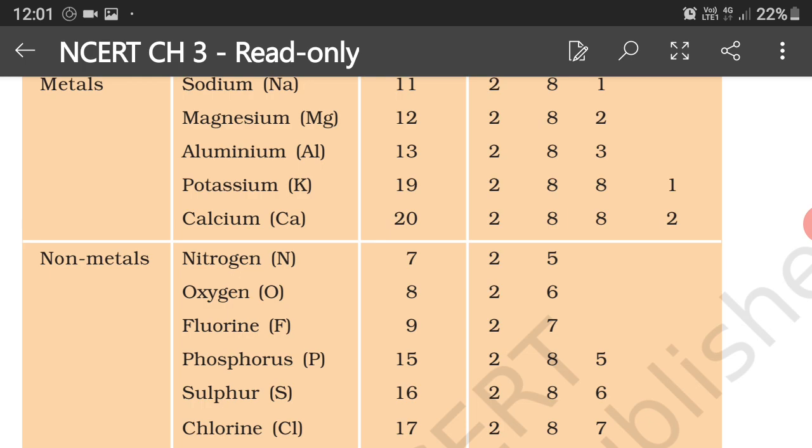It has gained only one electron from sodium. So, the net charge will be 17 minus 18: 17 protons and minus charge for electrons, that was 17 minus 18 equals minus 1. Thus, this way they form the negative charge on the chlorine atom.